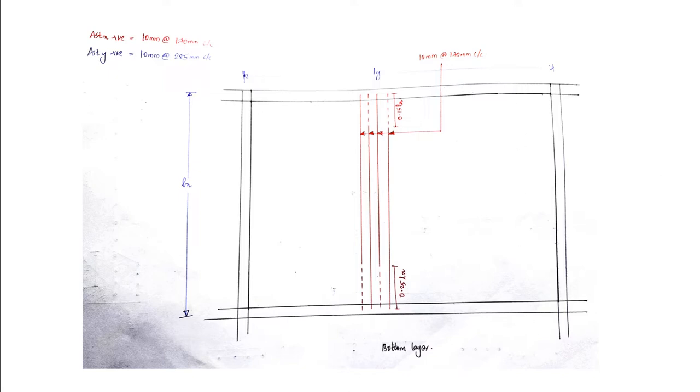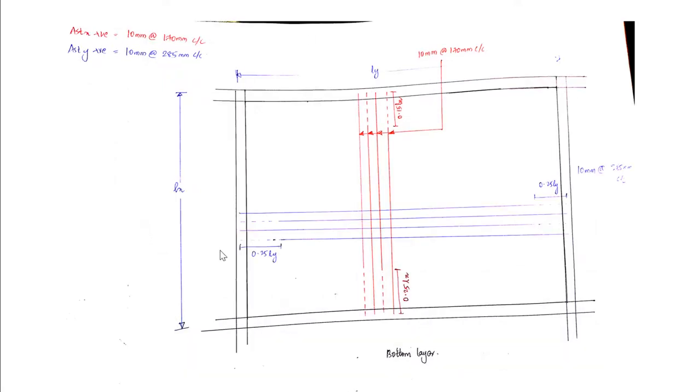And AST Y, similarly we will be placing, but here this edge is continuous and this edge is continuous, so the cranking takes place at 0.25 Ly on both sides. That is 10 mm at 285 mm center to center. So this is the bottom plan for your 2-way slab.